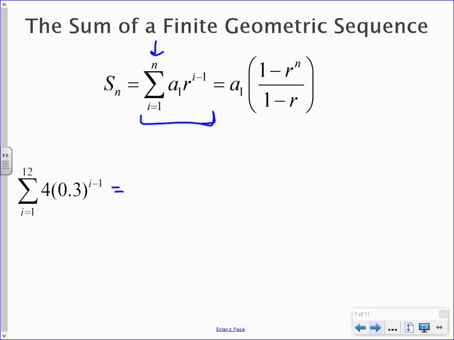Our first term is 4 times 1 minus r to the n. Molly, what is r? R is 0.3. And Gabe already told us that we have 12 terms.